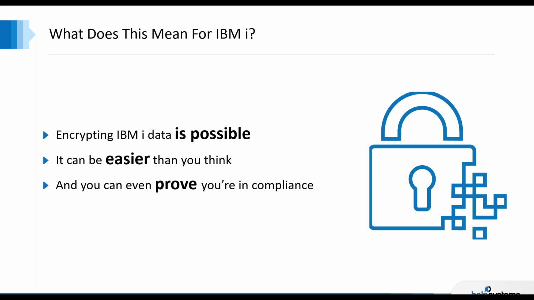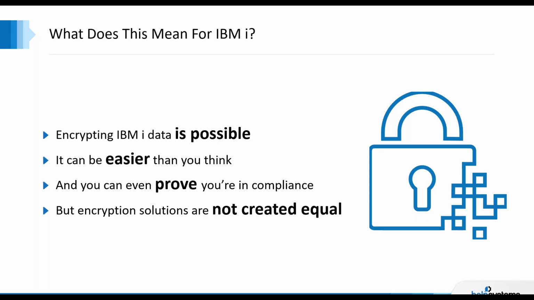It's relatively easy also to prove you're in compliance. If you can show that the data is stored in an encrypted form, that the encryption process is strong and well designed, and that the data is only readable to those that should have readability, that is going to make it relatively easy to prove.